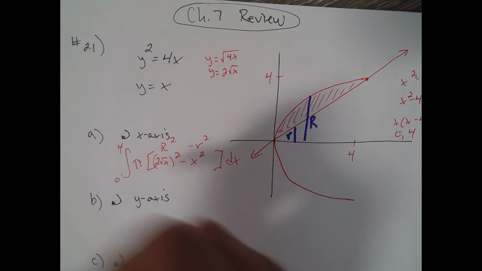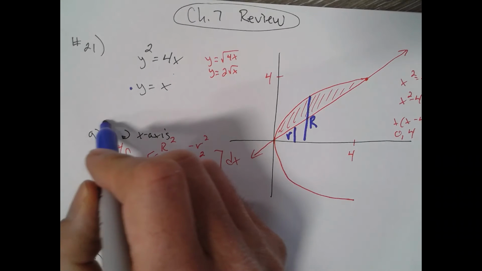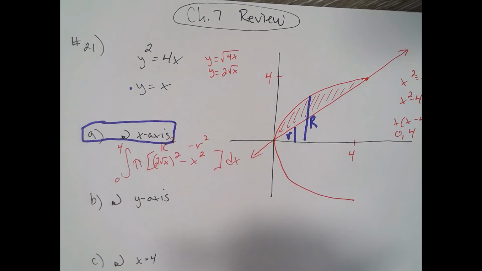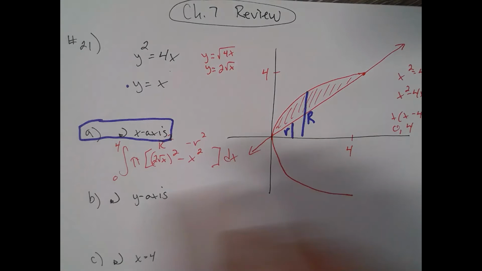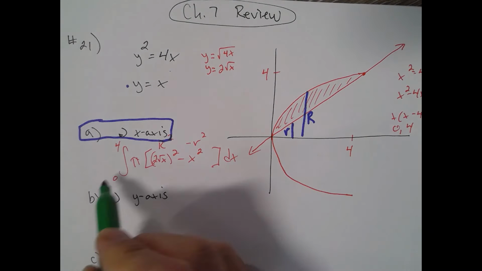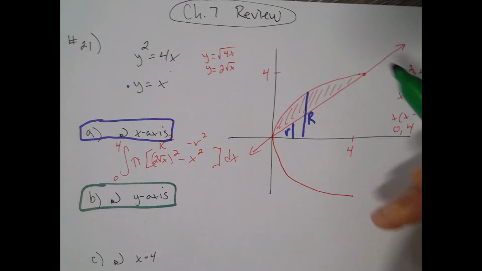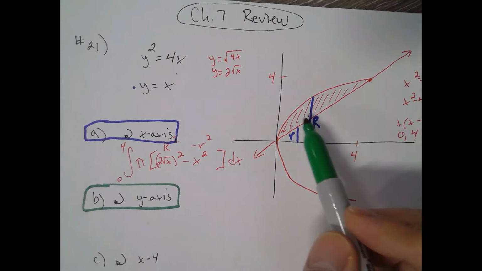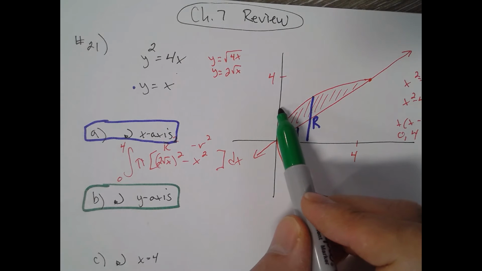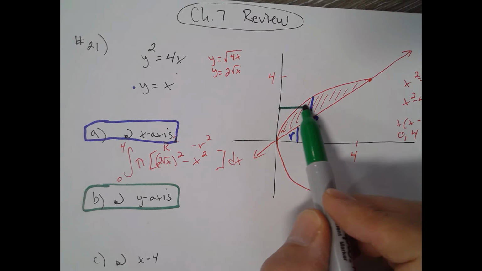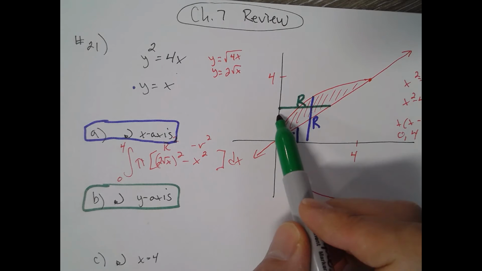In part A, I used blue, and part B, I will use green, going around the y-axis. We can use the washer again. This will be your big R, and that will be your little r.